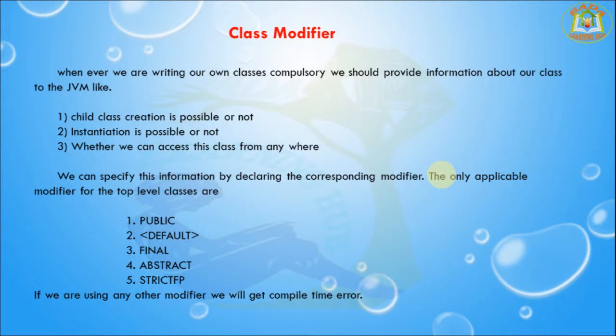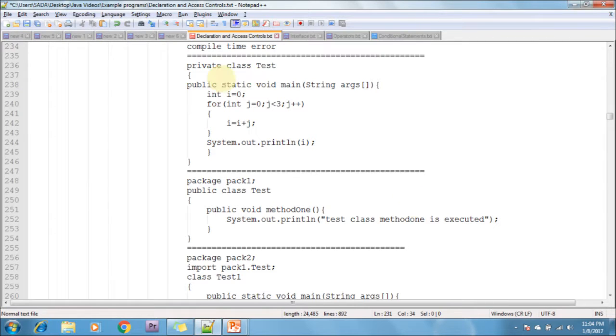The only applicable modifiers for the top level classes are public, default, final, abstract, and strictfp. If we are using any other modifiers, we will get compile time error. For example, see here, I am creating a class test.